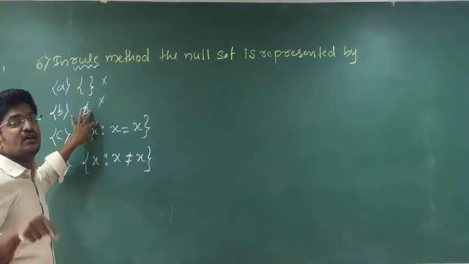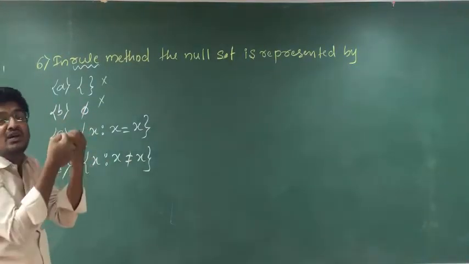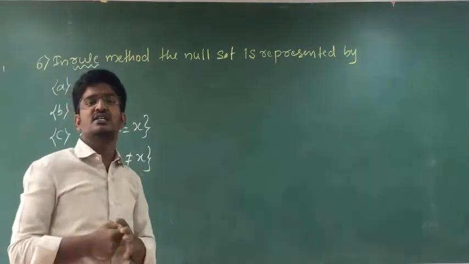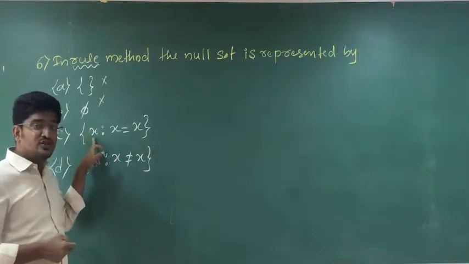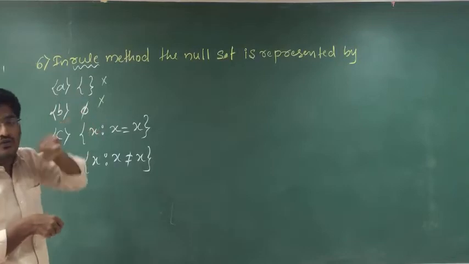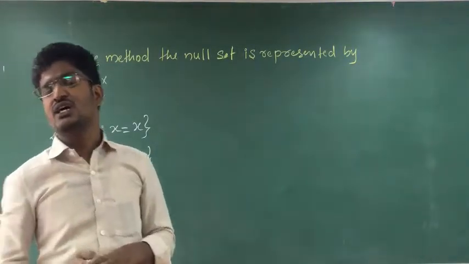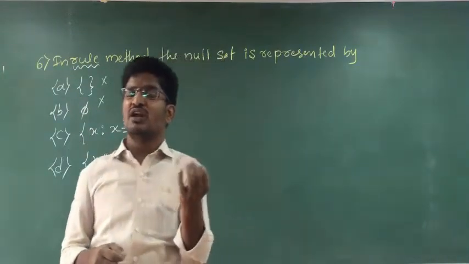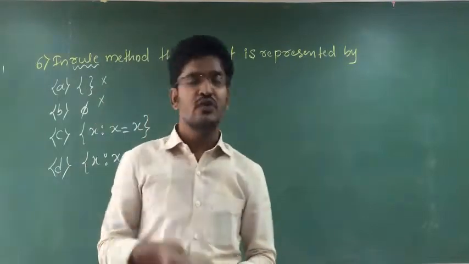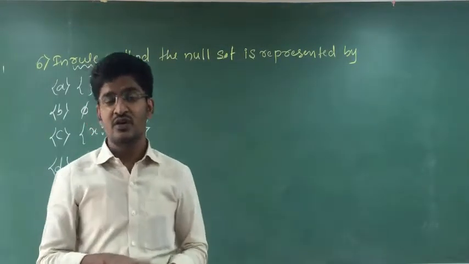If I write one number in this set, that number has to be equal to itself. Are you getting my point? If you write any element in this x, that has to be equal to itself. Is it correct? Because in mathematics we know that any real number is always equal to itself. 1 equals itself, 2 equals itself, any complex number equals itself.